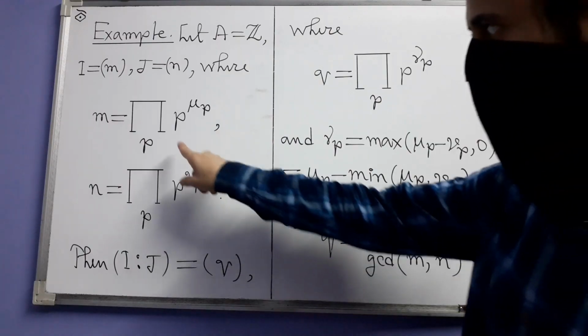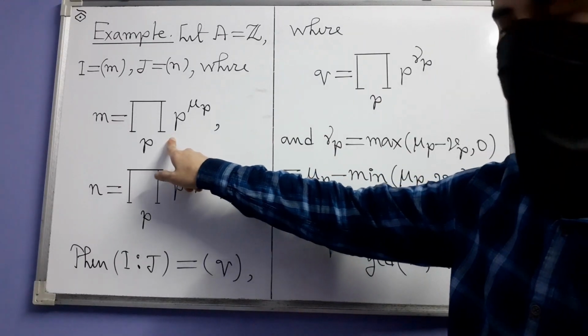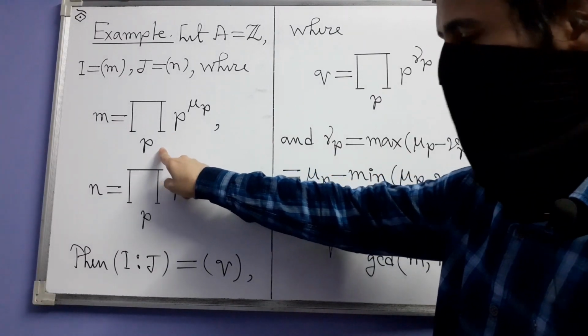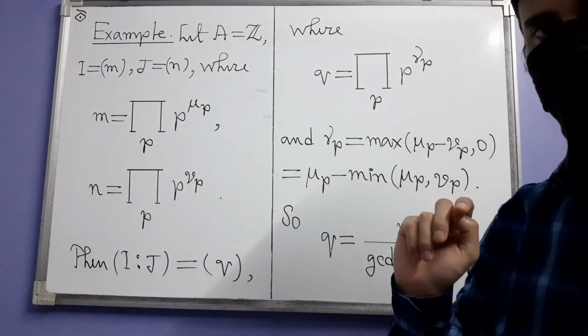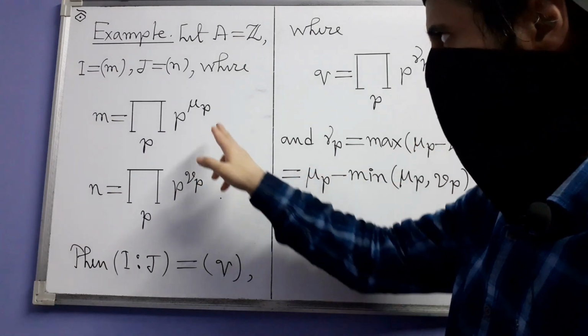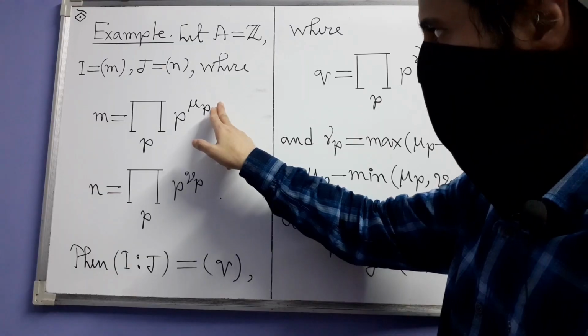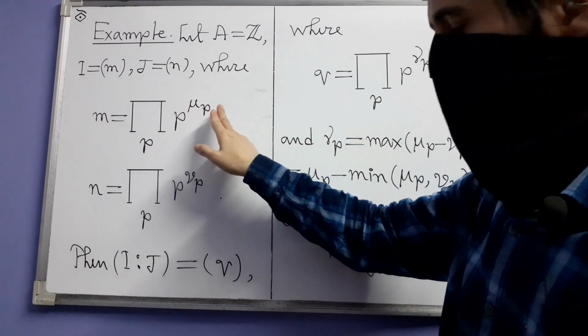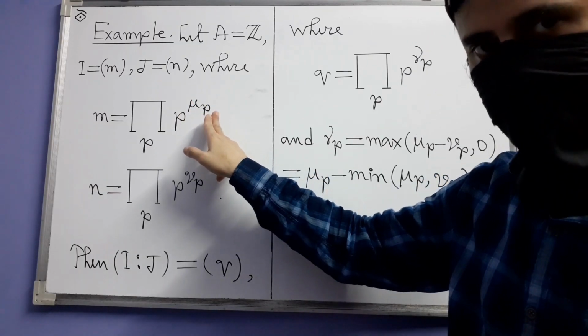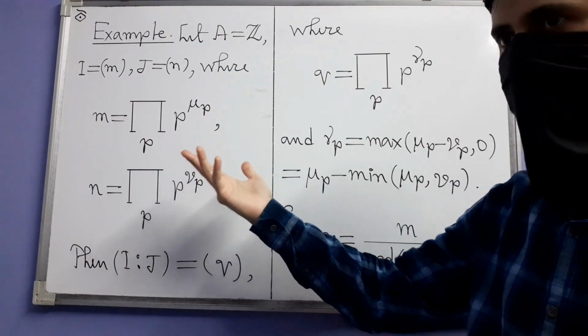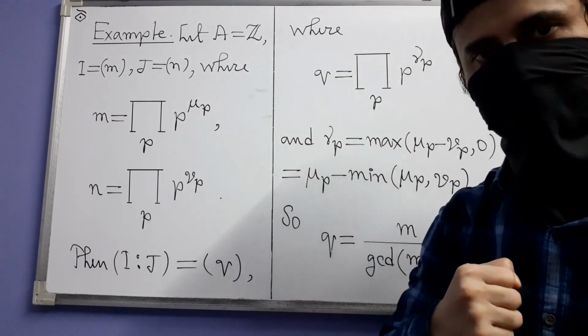In that sense, you have to interpret this product, thinking of p as varying over the entire set of prime numbers, but with the understanding that at most finitely many mu p's are positive integers and the others are all equal to 0.